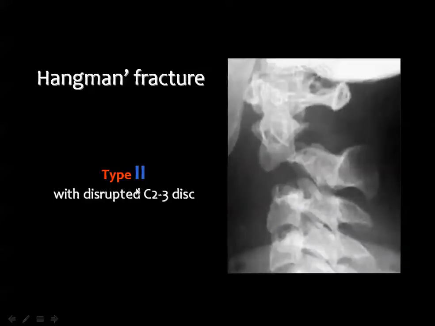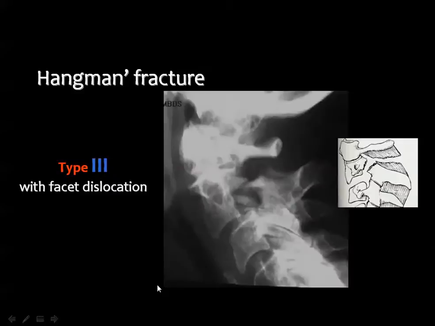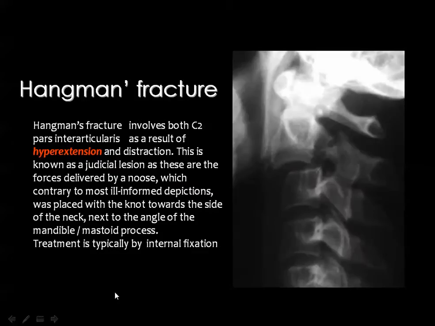But if there is disruption of the C2-3 disc space, like in this case, we call this type 2 hangman fracture. But if there is dislocation of the vertebral body anteriorly representing traumatic spondylolysis of C2 over C3, then we call this type 3 hangman fracture.